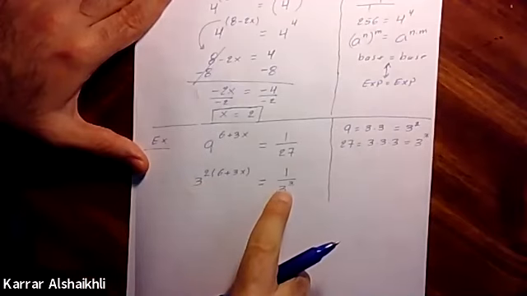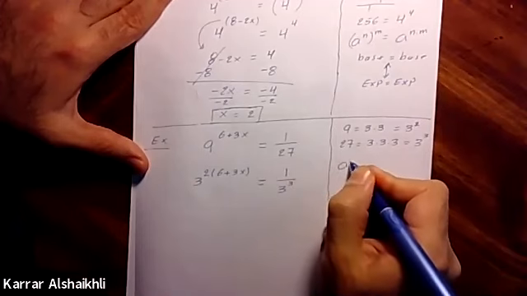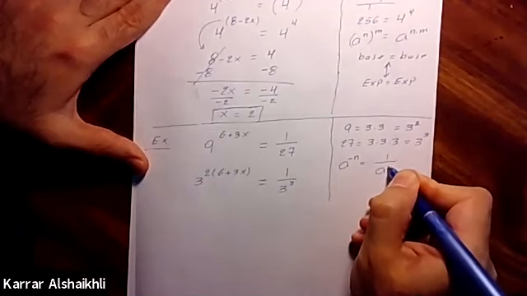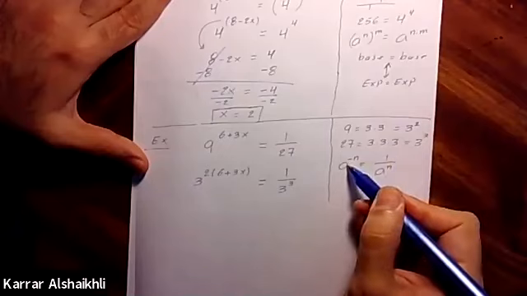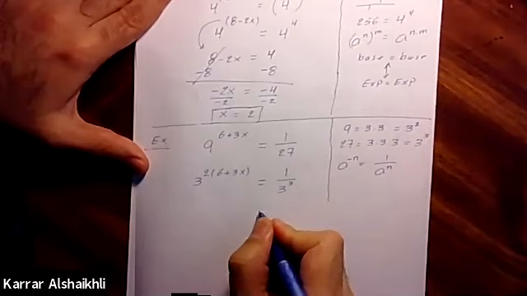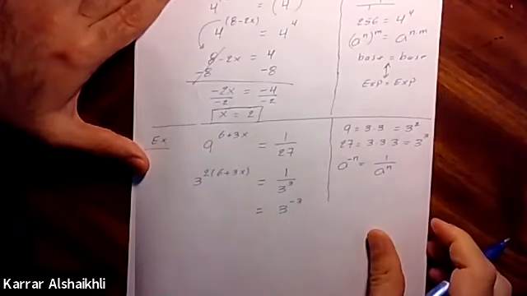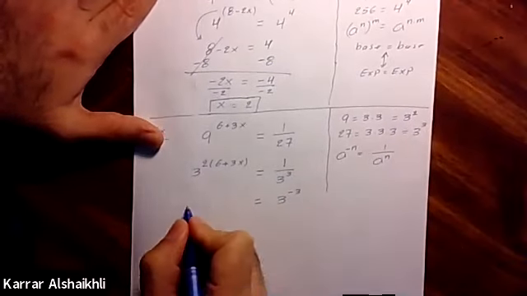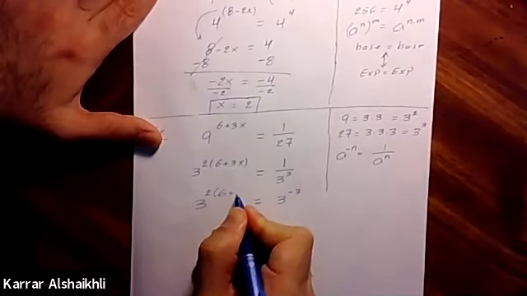But before that, I need to move this number to the top by using this rule: if you have a number with a negative exponent, it's 1 over the number with a positive exponent. So here it is going to be 3 to the negative 3. On the right side is exactly the same, 3 to the exponent 2 times 6 plus 3x.